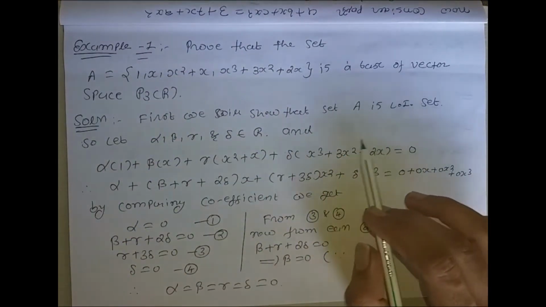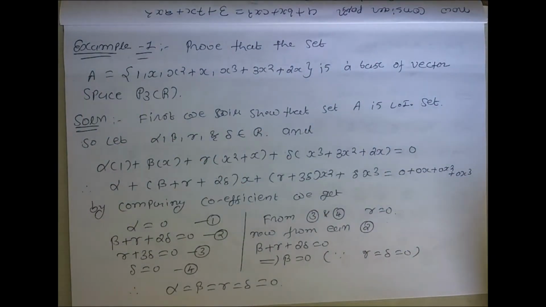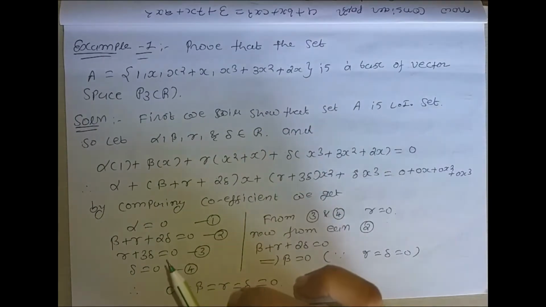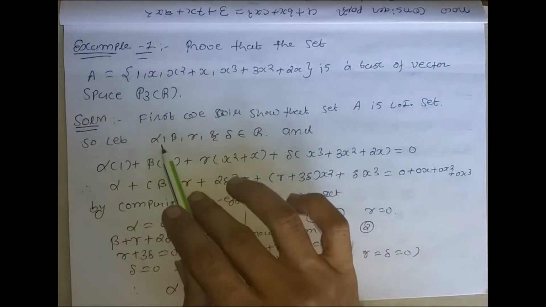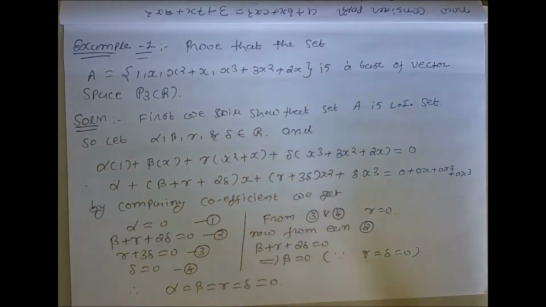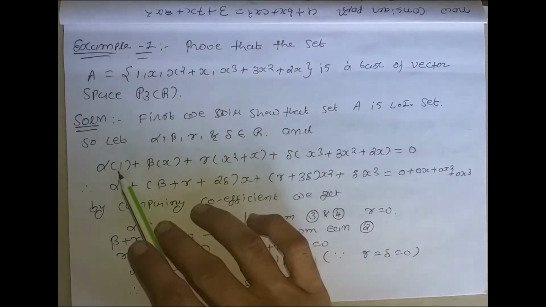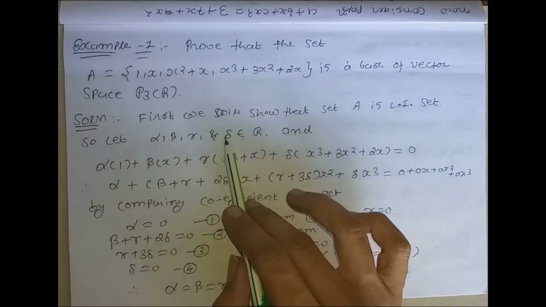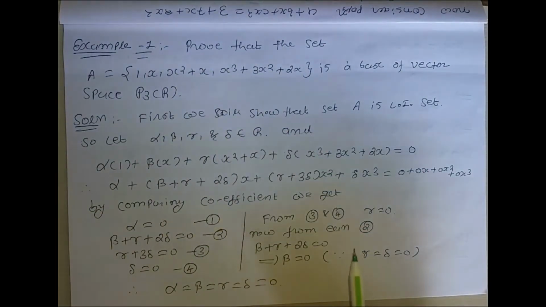We want to show that set A is a linearly independent set. So we consider 4 scalars belonging to the real numbers: alpha, beta, gamma and delta belong to the set of all real numbers. Now we consider the linear combination of these scalars with these vectors, and take it equal to the zero vector.